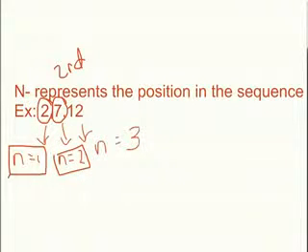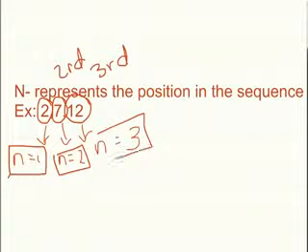This third number, which is 12, since it's in third place, the n is 3. So that's what n represents. It's super important for you to understand it, because when you don't get this basic concept, you get the wrong answers. You will see in a little bit why the n is so important.